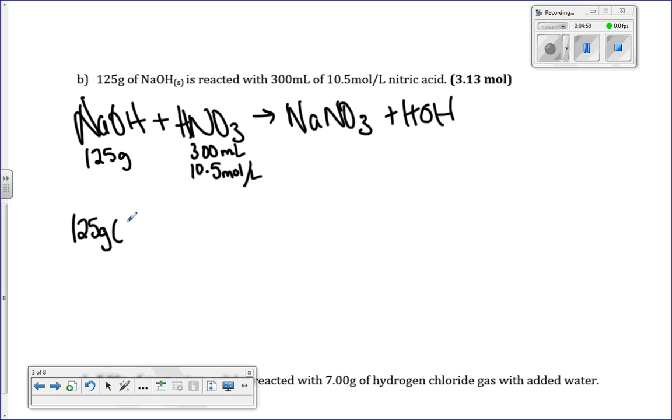We're going to divide 125 grams by the molar mass of sodium hydroxide. And then we need to figure out the number of moles for nitric acid.